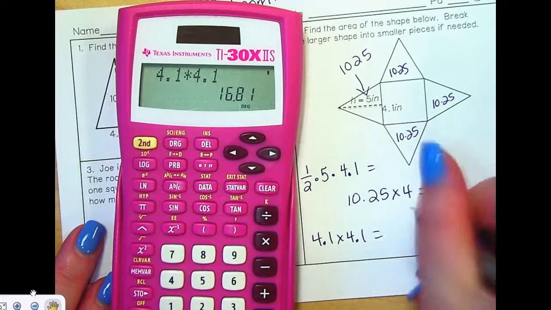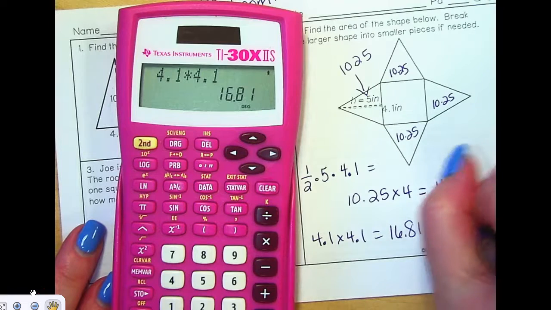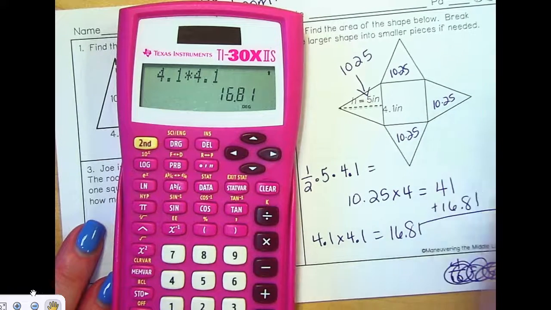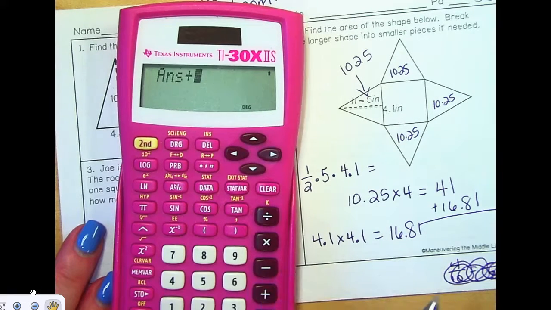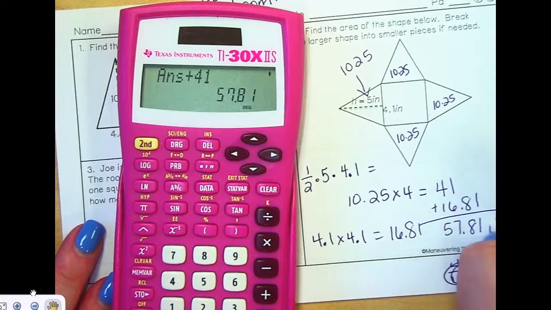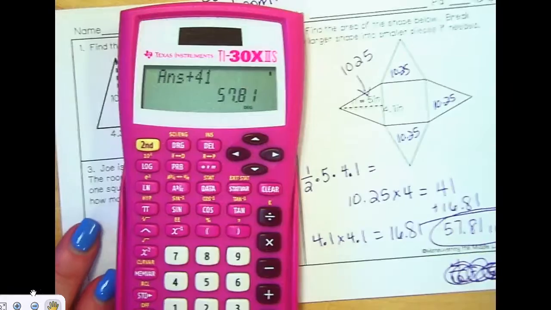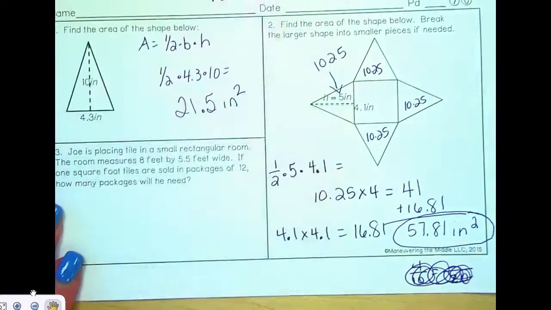And you're going to get 16.81. And so you'll add it to that, and you get 57 and 81/100ths inches squared is your answer. Questions about that problem?